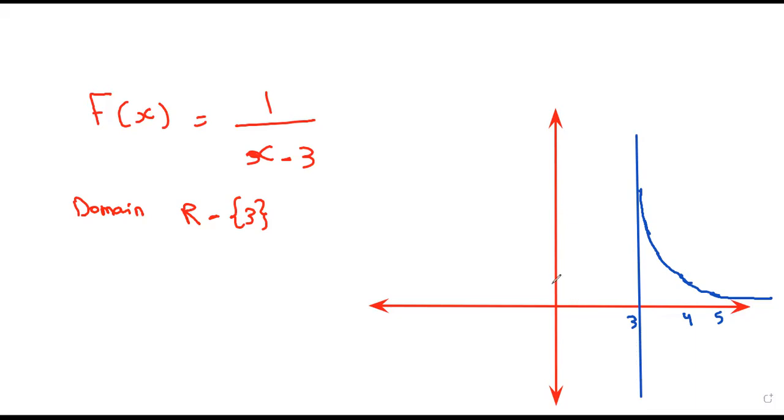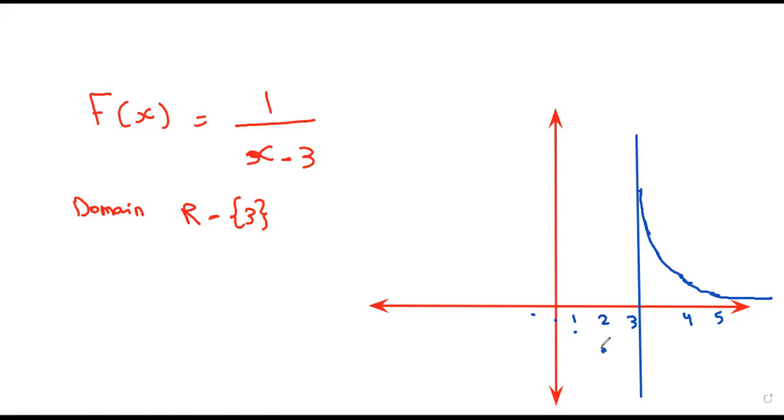What about the negative values? And 2, 1, 0. If we take 2, you will get -1. If you take 1, you'll get -half. If you take 0, -third. If you take -1, -quarter, stuff like that.